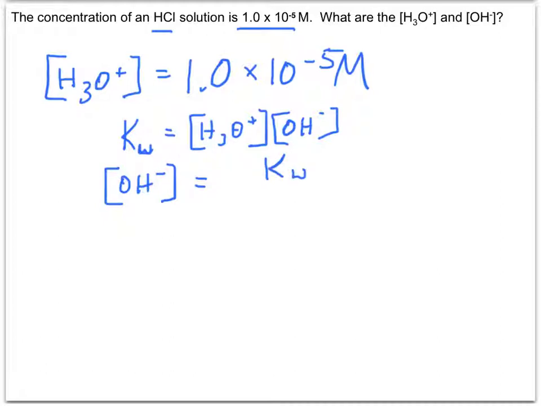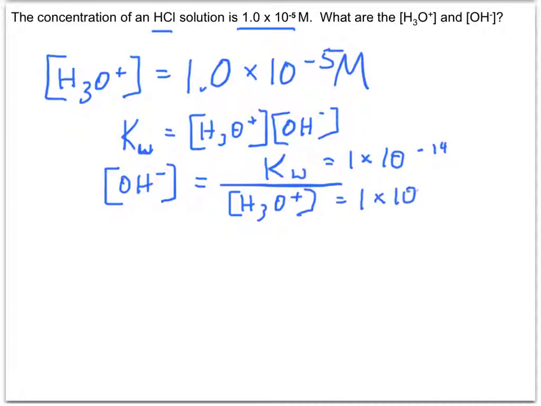We'll take the ionization constant for water, which is 1 times 10 to the negative 14, and divide that by our hydronium ion concentration, which was given in the problem, which is 1 times 10 to the negative 5.